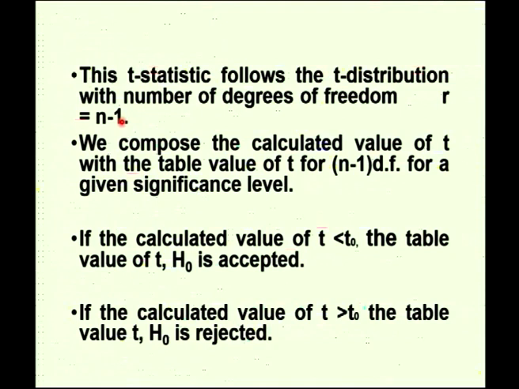This is the degrees of freedom as I was discussing in the calculated value part. We compare the calculated value of t with the tabulated value of t for n minus 1 degrees of freedom for a given significance level. If the calculated value of t is less than t naught, the tabulated value of t, H naught is accepted, and if the calculated value of t is greater than t naught, the tabulated value, H naught is rejected.